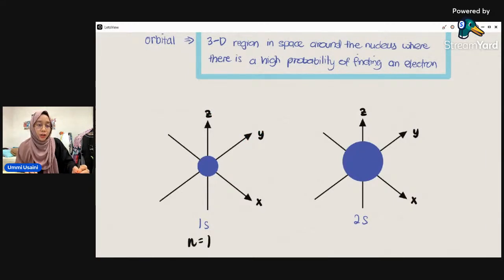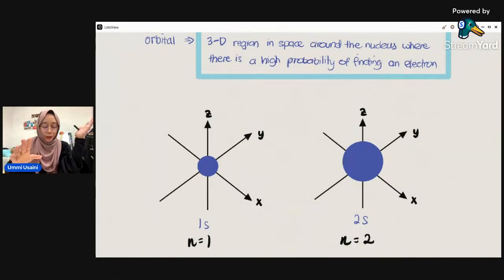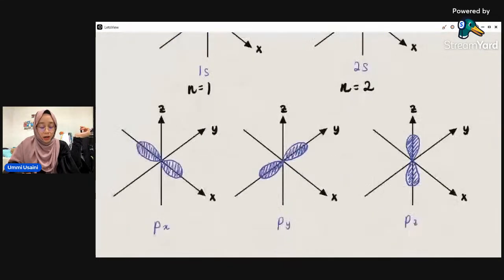Meanwhile, kalau kita tengok pula yang on the right side, energy level dia adalah n equals to 2. Okay, so beza in terms of energy level lah. So nanti kita akan tengok yang ni later on. Okay, apa sebenarnya n ni, apa sebenarnya energy level ni, apa kaitan dia dengan size pula, semua tu nanti kita akan tengok kemudian. So besides spherical, selain daripada s orbital, we also have p orbital.